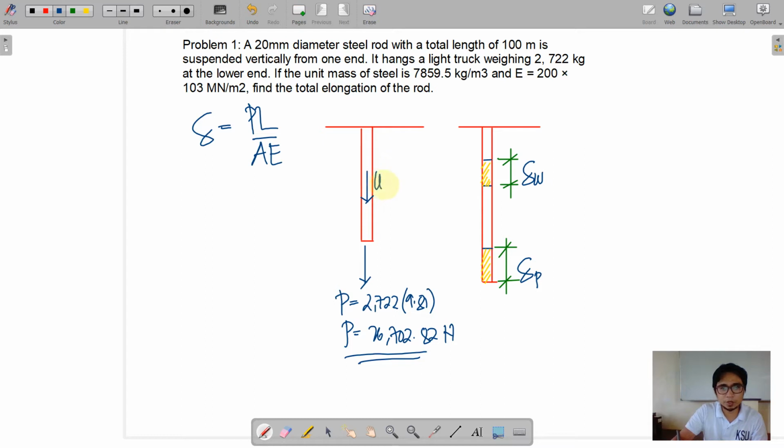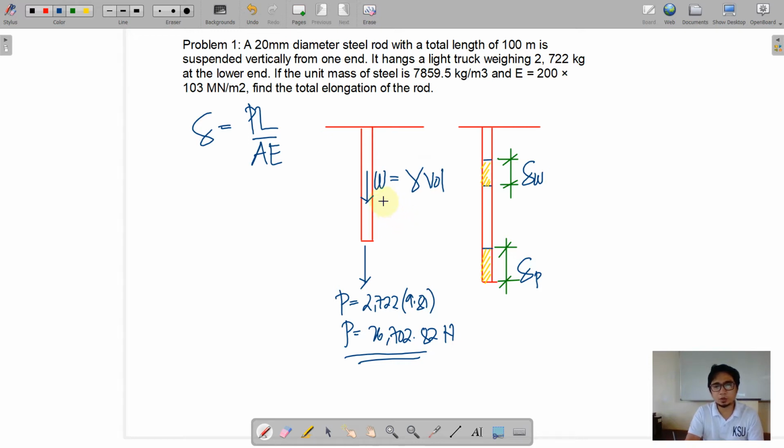And for the self weight, say this is the weight of the bar, that is equal to how much? Gamma times volume. So W is not directly given here.